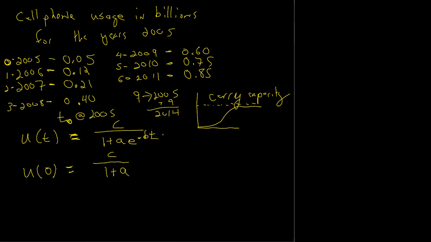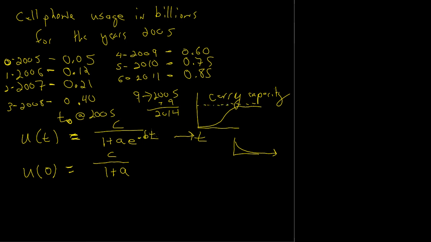Now, if t were to go towards infinity, t were to keep getting bigger and bigger and bigger, our graph of a negative exponential gets closer and closer to 0. So as time goes on, this part gets closer and closer to 0, which makes this c over 1.